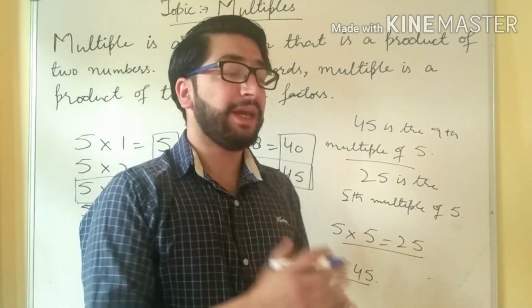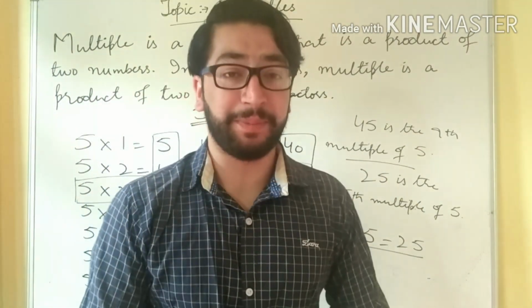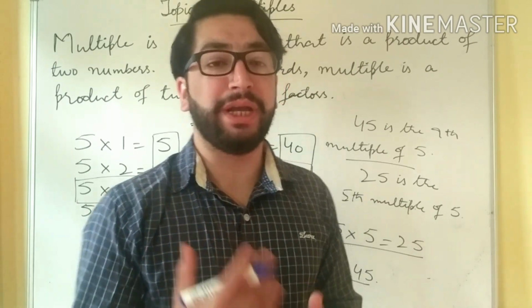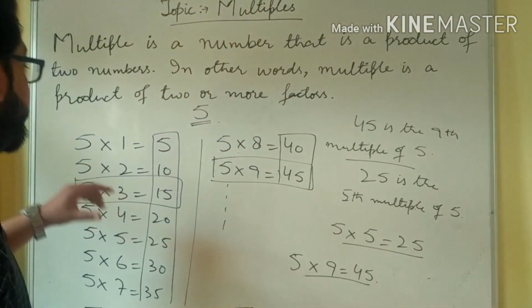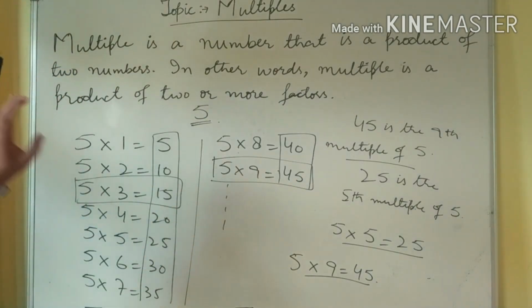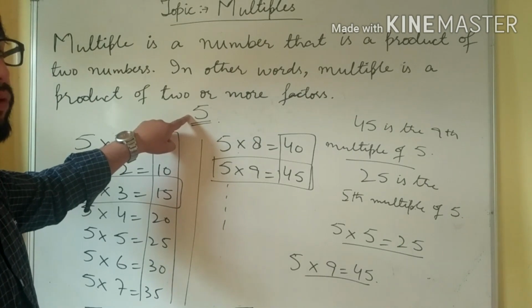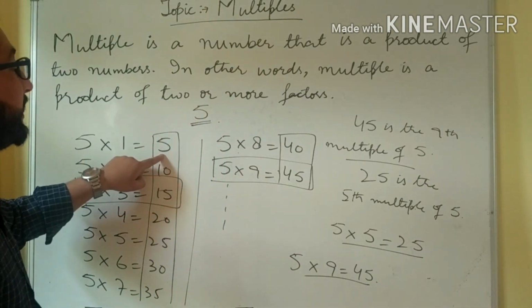So students, here we learned what multiples are and how we can find multiples. Students, let me tell you in a few brief points regarding multiples. So we can say that every number is a multiple of itself. Here we have 5, and the first multiple of 5 is 5.